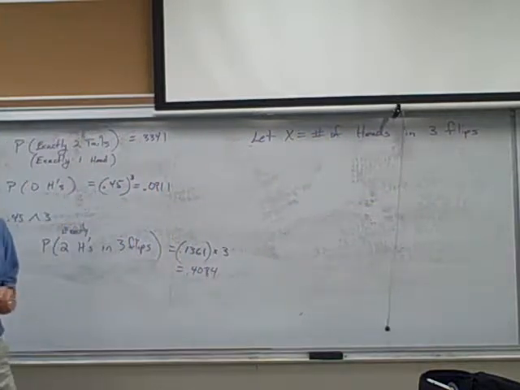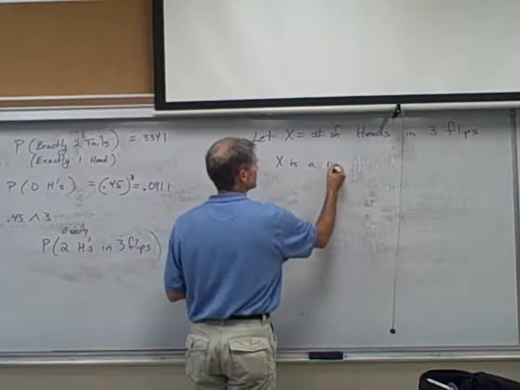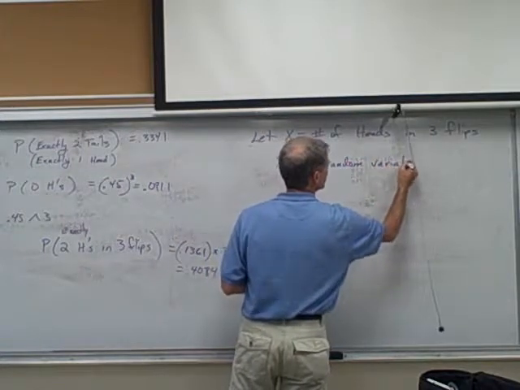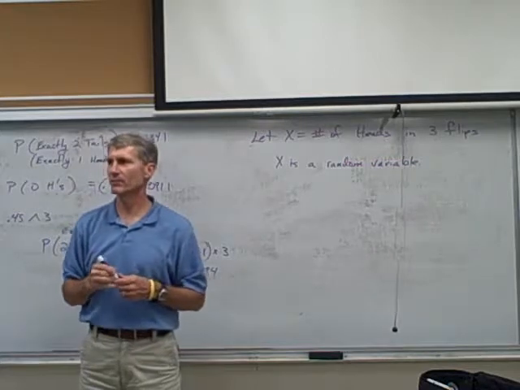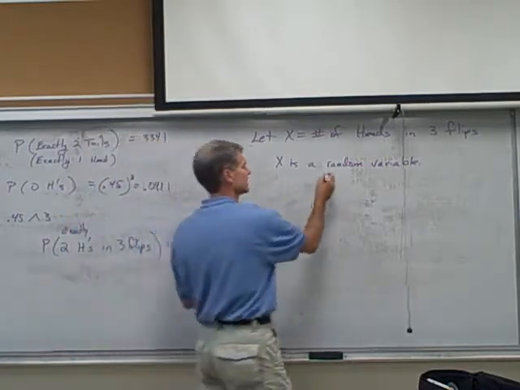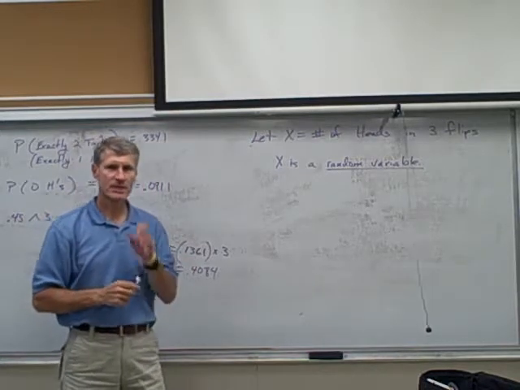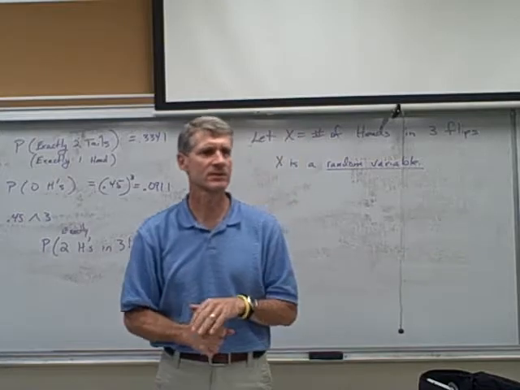Okay? Then x is said to be a random variable. So we need to define random variable. What does random variable mean? This is actually my favorite definition in this class because it's the most complicated.